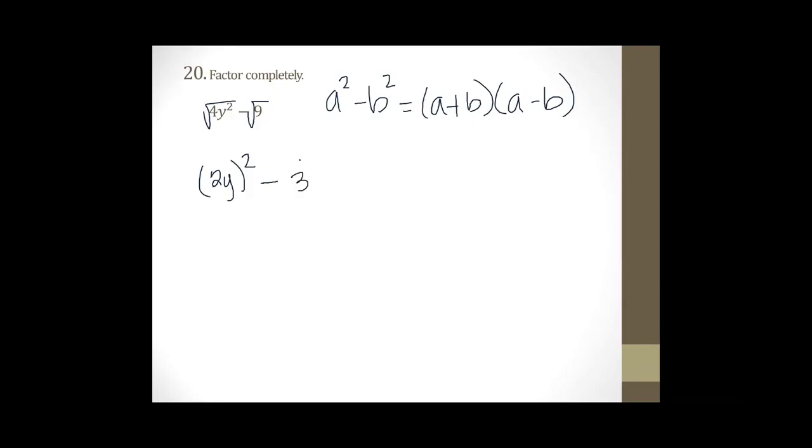So that's 3 squared, which equals 9. So now I can see very clearly that 2y is my a and 3 is my b. So to factor this out, I would say 2y plus 3 times 2y minus 3. And I am done factoring.